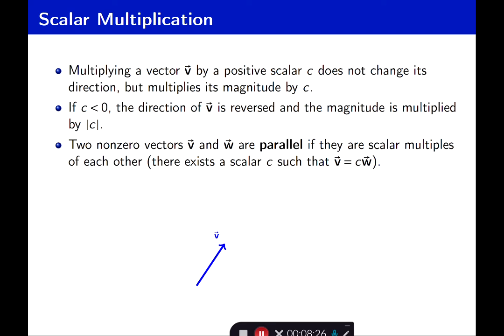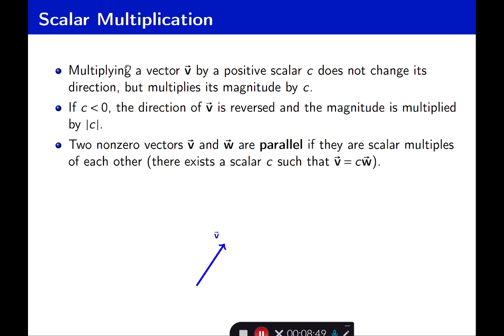First, scalar multiplication. What is scalar multiplication? It increases the magnitude of the vector or reverses the direction of the vector.